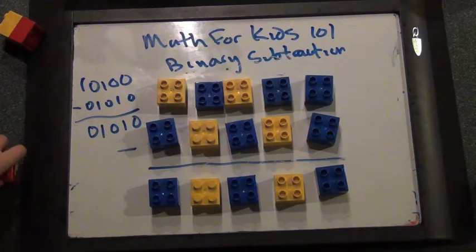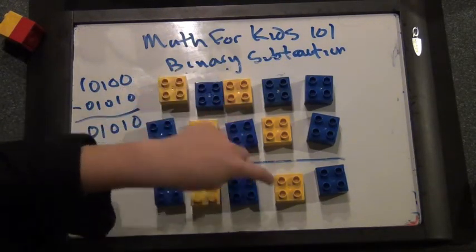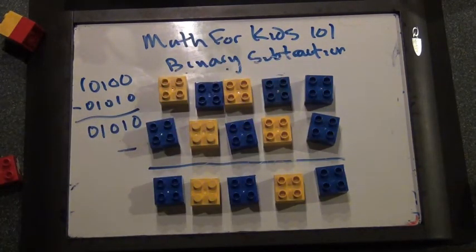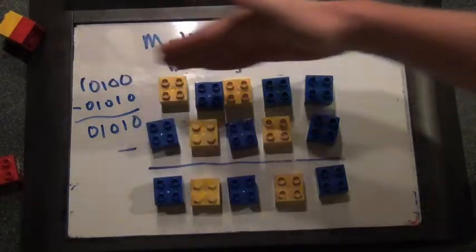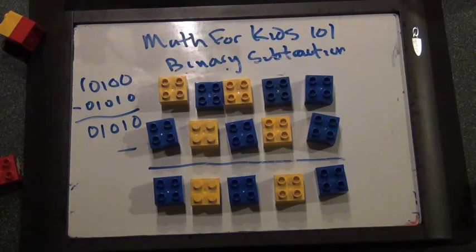Oh, interesting. Blue, blue, yellow, yellow, yellow, blue, blue, blue, yellow, yellow, yellow, blue, blue, blue. Okay. Notice anything else interesting about the rows of blocks? Well, they're all 5 digits. Yeah, they are all 5 digits. What is it?